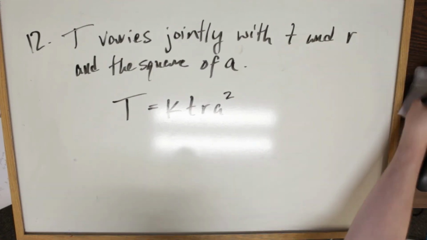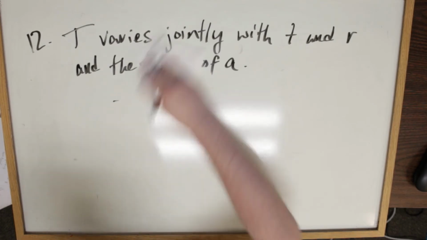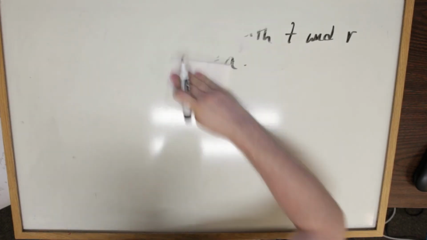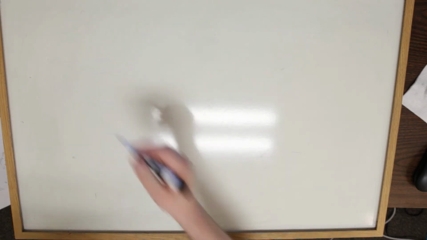All right, so setting up these problems is the first part of this process. Now the second part with a lot of these is to find our value for k. Again, it's a variation constant or constant of proportionality. The way it works is this.